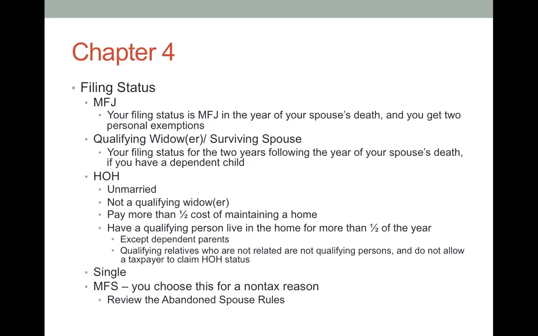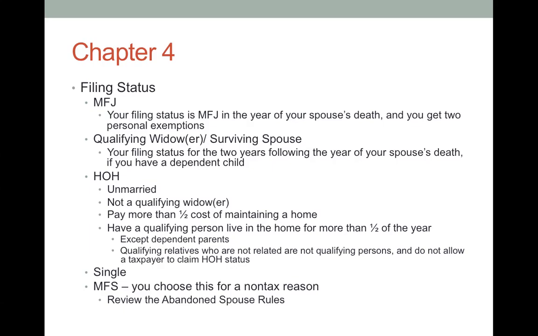The second thing to be careful about with head of household is if you have a dependent that's a qualifying relative, but they're not related to you. Basically, if you have a dependent and the only reason they're a dependent is because they've lived in your house for the entire year, and you're providing all of their support, you can claim them as a dependent, as a qualifying relative. If this is your only dependent, because the person lived with you for the entire year and that person is not related to you, you can claim them as a dependent, but your filing status is single.